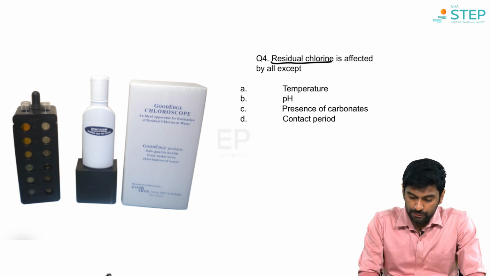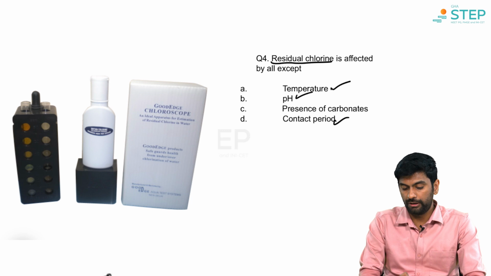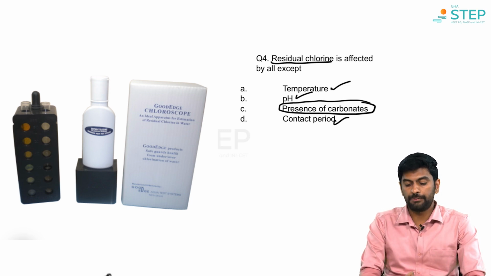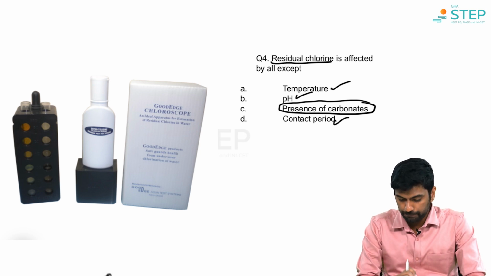So we need to make sure that the temperature is accurate. So it will affect the residual chlorine, the pH will affect the residual chlorine, contact period will affect the residual chlorine. So the presence of carbonates here is the answer, which does not affect residual chlorine. So the answer is C.